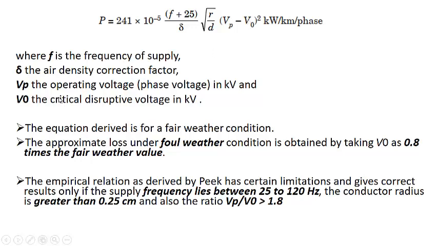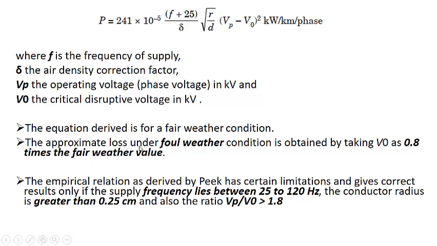One more thing regarding this equation is that it is derived for fair weather conditions, because when the weather conditions are not fair, the critical disruptive voltage will change, and this power loss will also change because it is dependent upon the critical disruptive voltage.